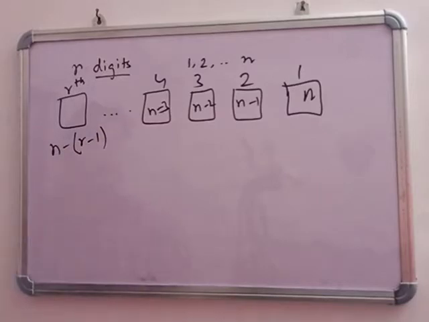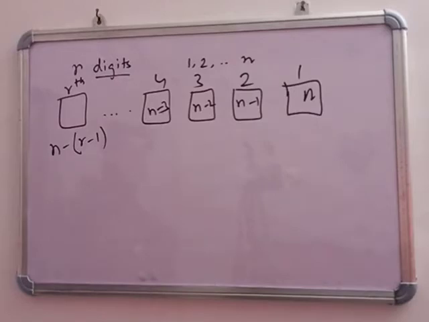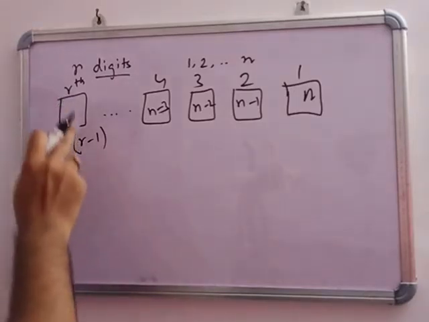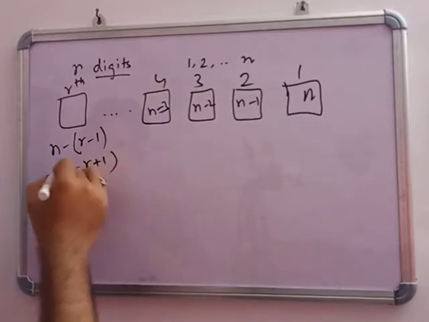Why r minus 1? Because when we go to the next, then minus 1 will be there. If rth, then r minus 1. So that means n minus r plus 1.